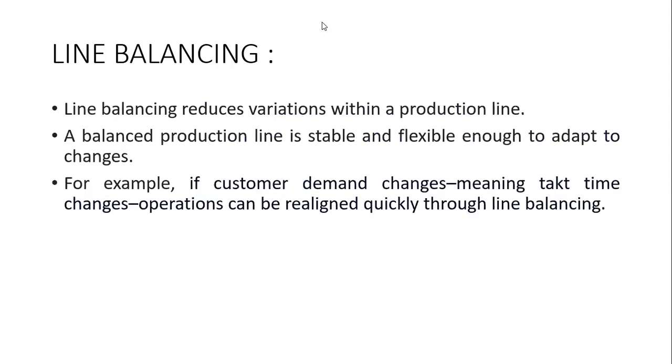Continuing on the next slide, line balancing tries to reduce the fluctuation within a production line. A balanced assembly line is said to be stable if it is capable of adapting to various changes. For example, if customer demand changes with respect to the takt time, that is nothing but the cycle time. Both cycle time and takt time have one and the same meaning; it is not a different meaning.